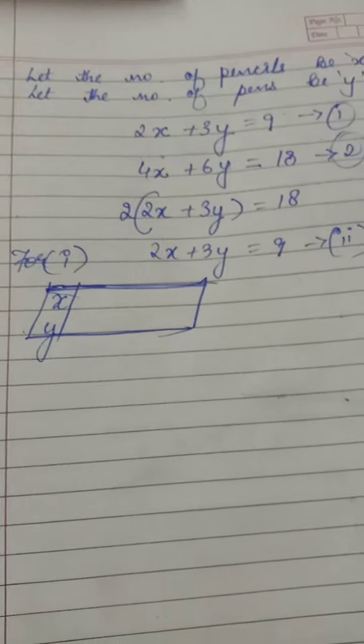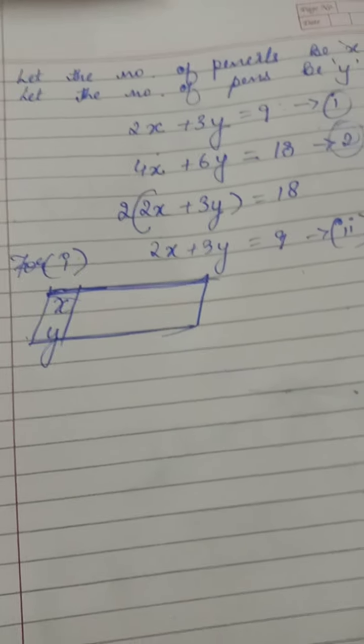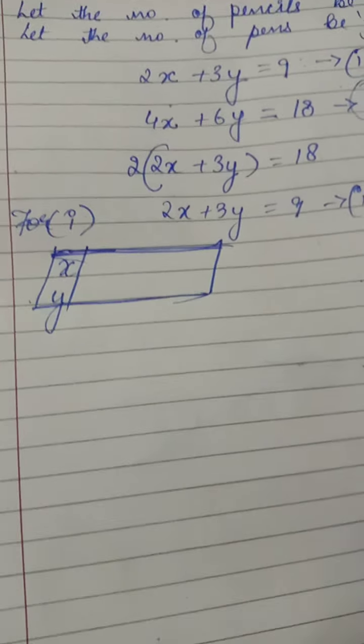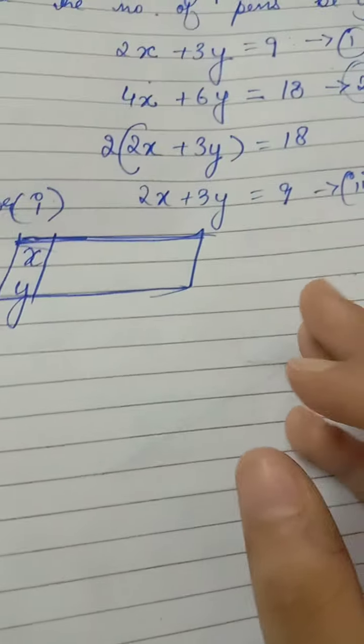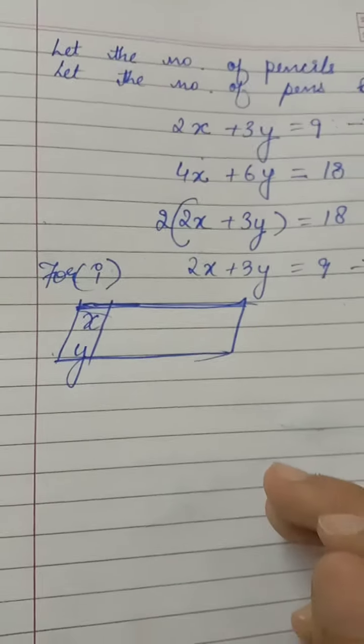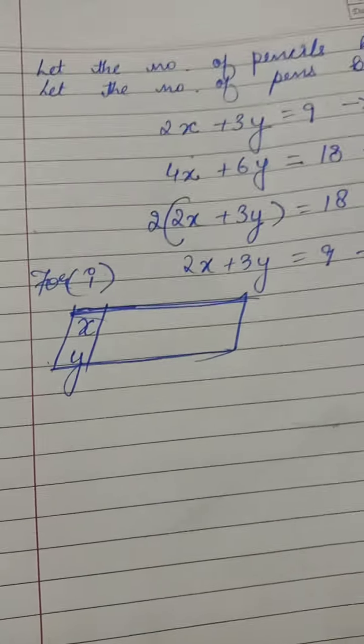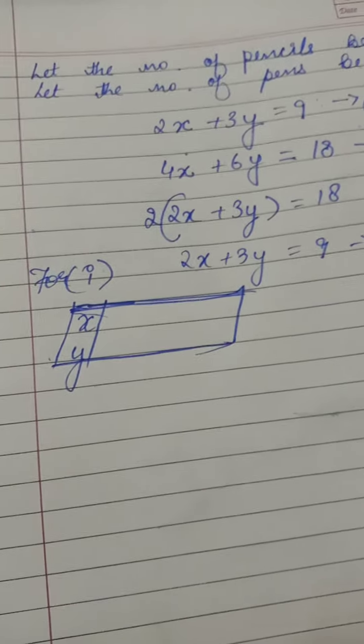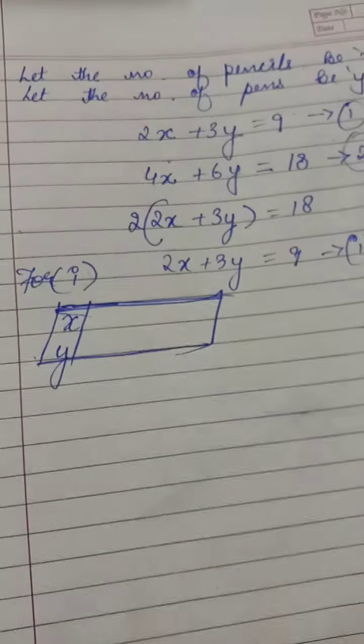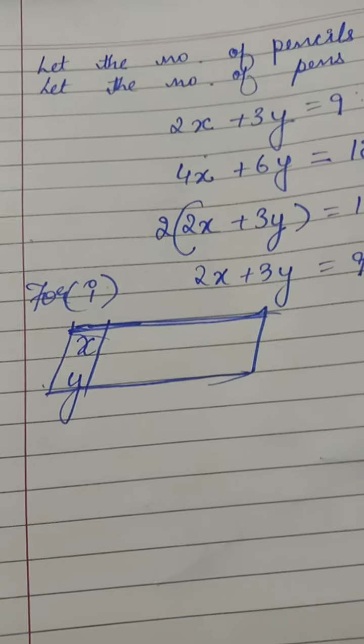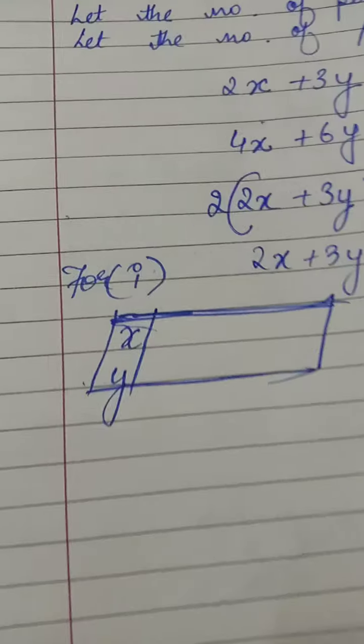Because both the two equations are similar. I told you that if the two equations are similar, then they will be having coinciding lines, or the lines which will be one over the other, right? And will be having infinitely many solutions.